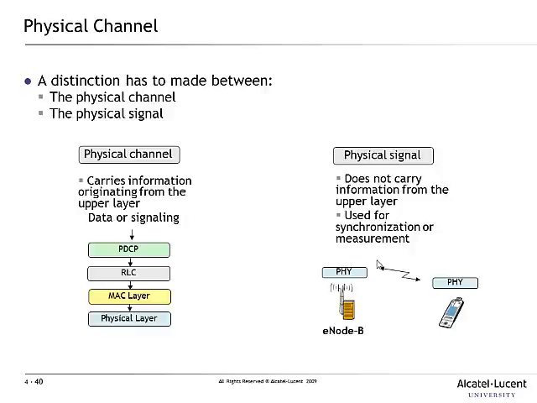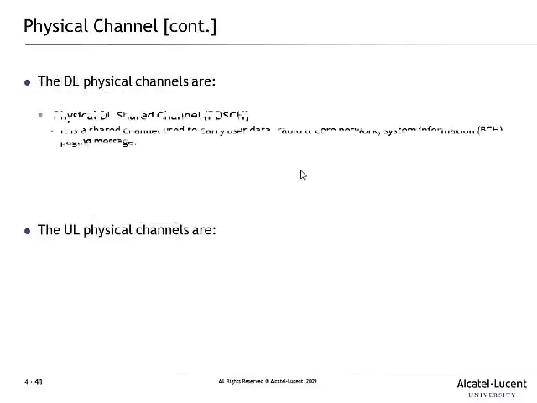We'll talk about the synchronization process in the next lecture, but you need certain signals to be transmitted for that. Whereas the physical channels carry information that is predominantly in either the user plane or control plane, needed for communication to be set up. So remember the difference between these 2 terms.